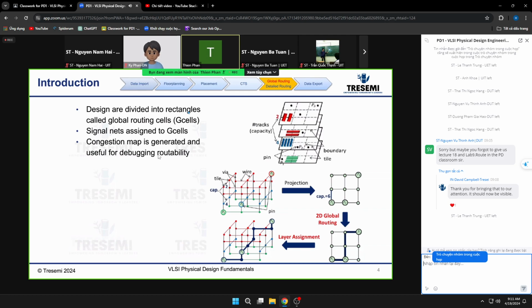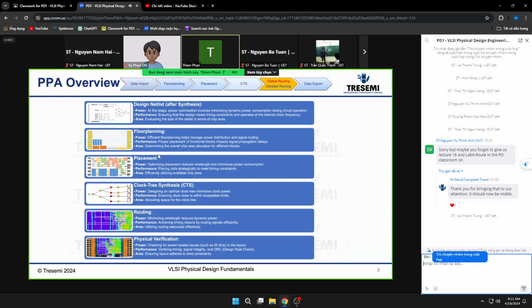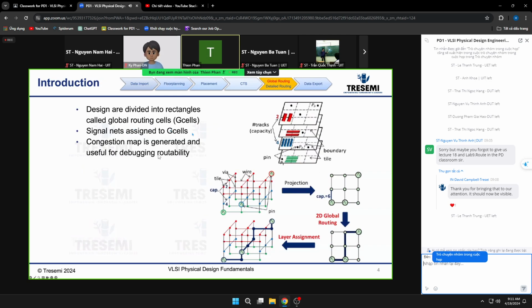And we try to connect the Pin 1 on M1 with the Pin 2 on M2 and the Pin 3 on M4, right? For this example, we just divide this square into nine G cells, right?